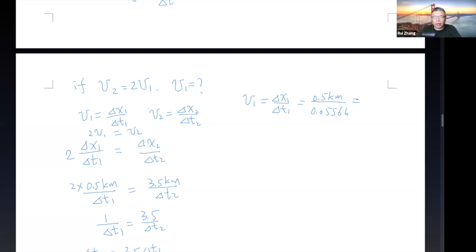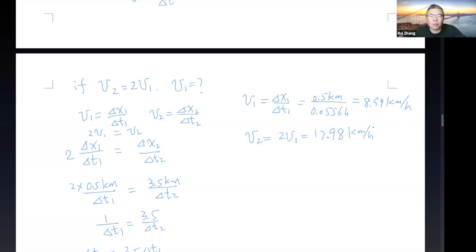Anyway, let me calculate that. 0.5 divided by 0.0556, so got 8.99 kilometer per hour. Well, V2 you can actually solve as well, although it's not asked, but it's 2 times V1, so it's going to be double of this. So 17.98 kilometer per hour.